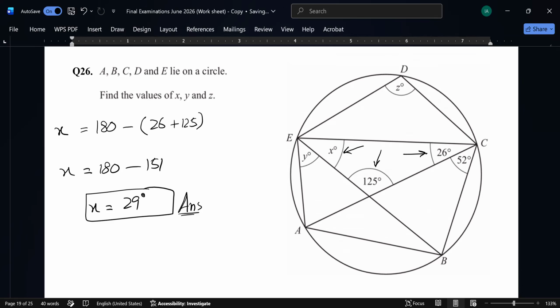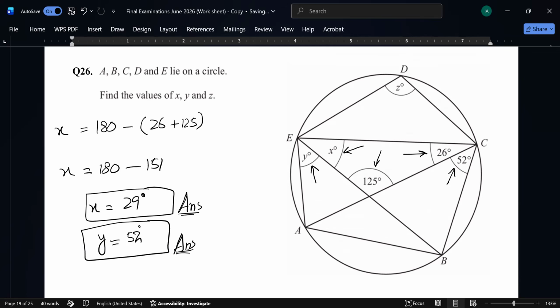Now if you look at the y, this is y and this will be y as well the same because it's called angles in same segment. Now the y is 52 degrees. Now this is z.